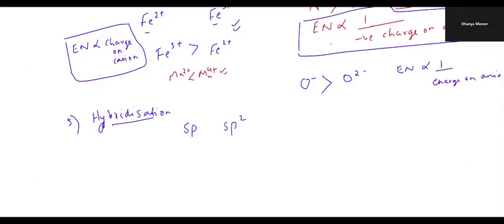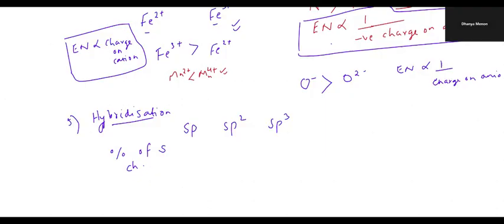What SP2, SP3 and all are, we will learn in the next lesson. Now, if we compare the three types of hybridization, the percentage of S character: I'm just telling you the condition for now, and when you learn about hybridization in the next lesson, you will understand this better, okay?